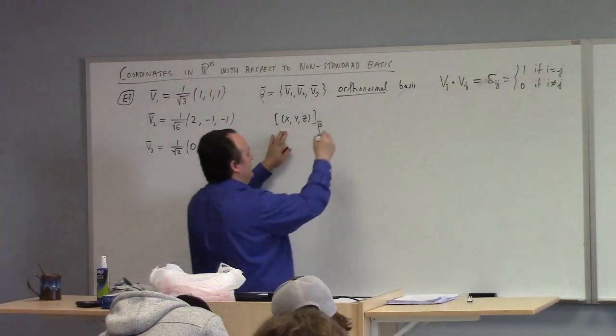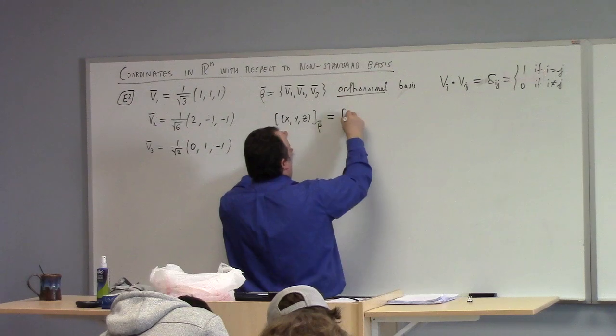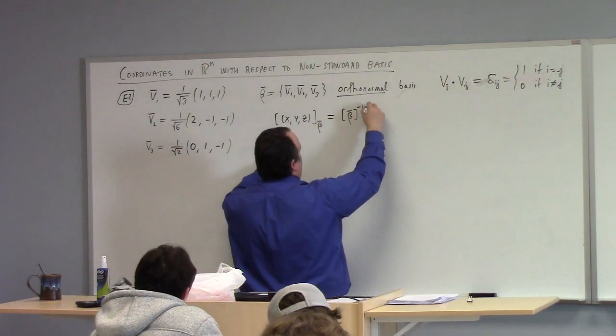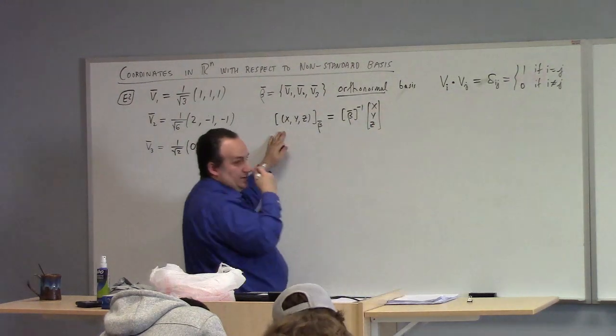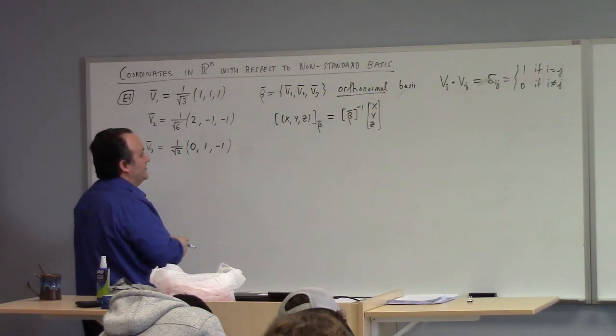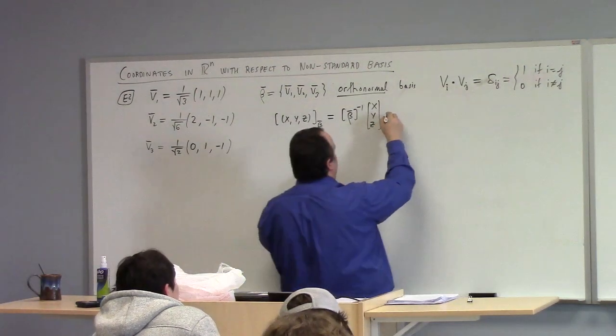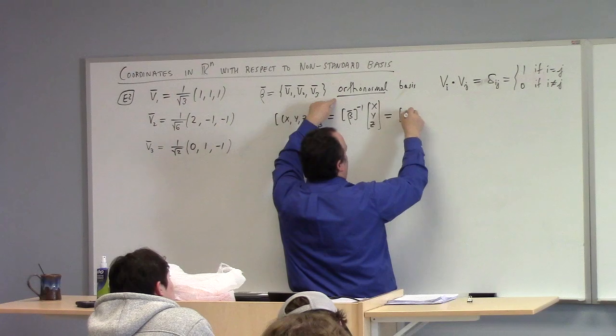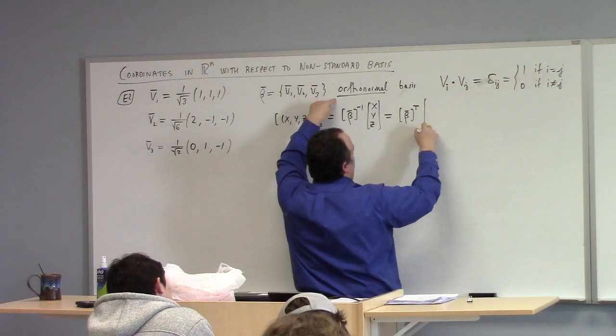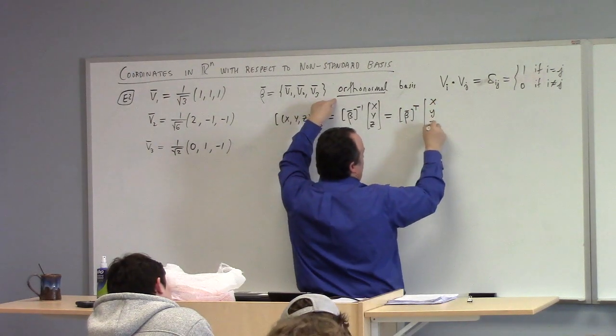I'm saying that is the beta bar matrix inverse times the vector x, y, z. And I'm telling you that, since this is an orthonormal basis, we can calculate it like this: it's beta bar transpose times x, y, z, because this is a nice basis.